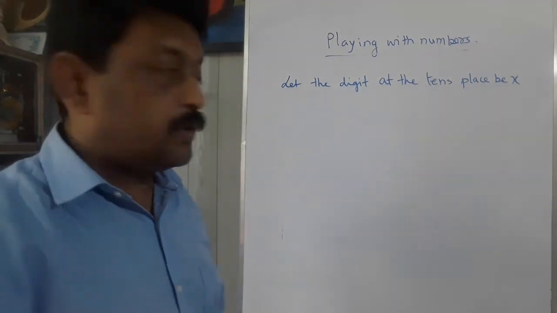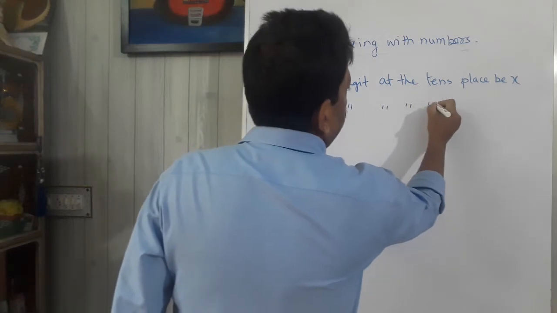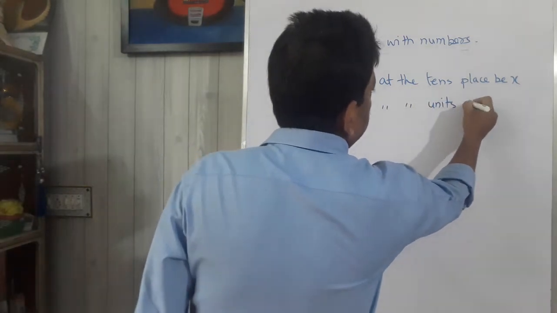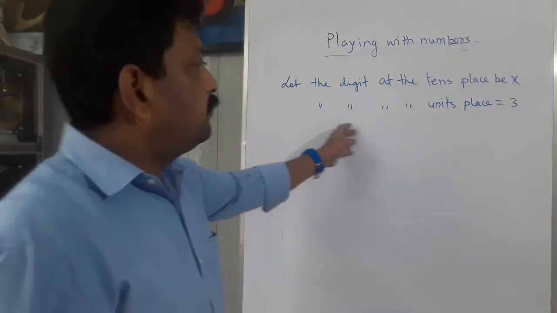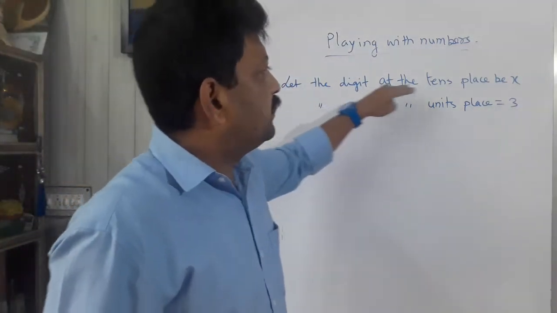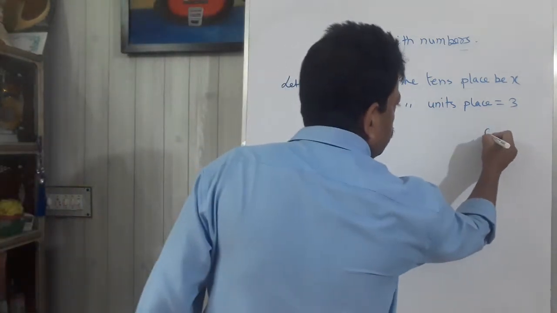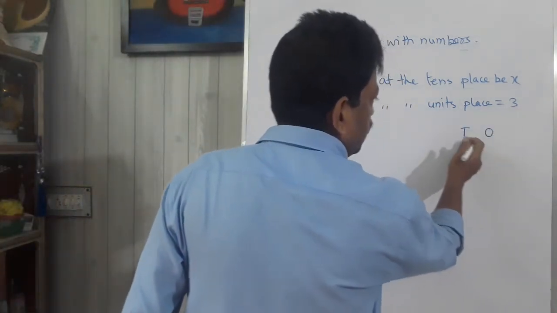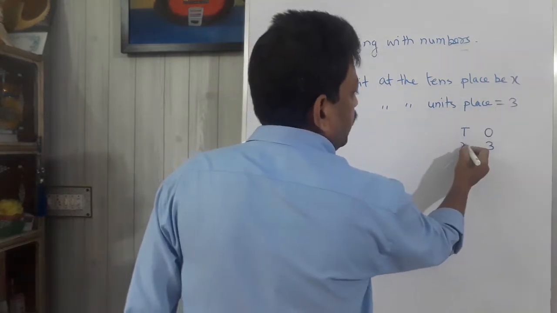It is given in the question that the digit at the units place is 3, and I have taken the digit at the tens place as x.